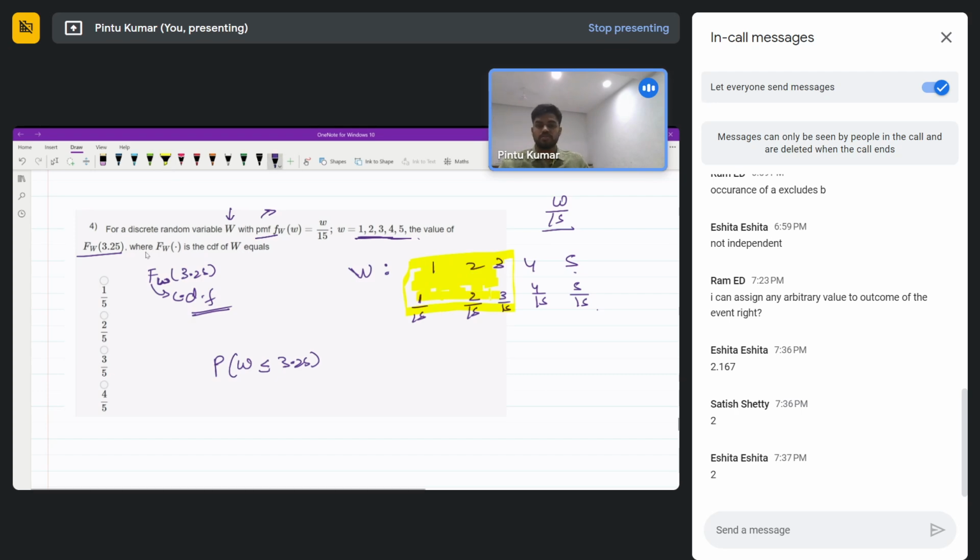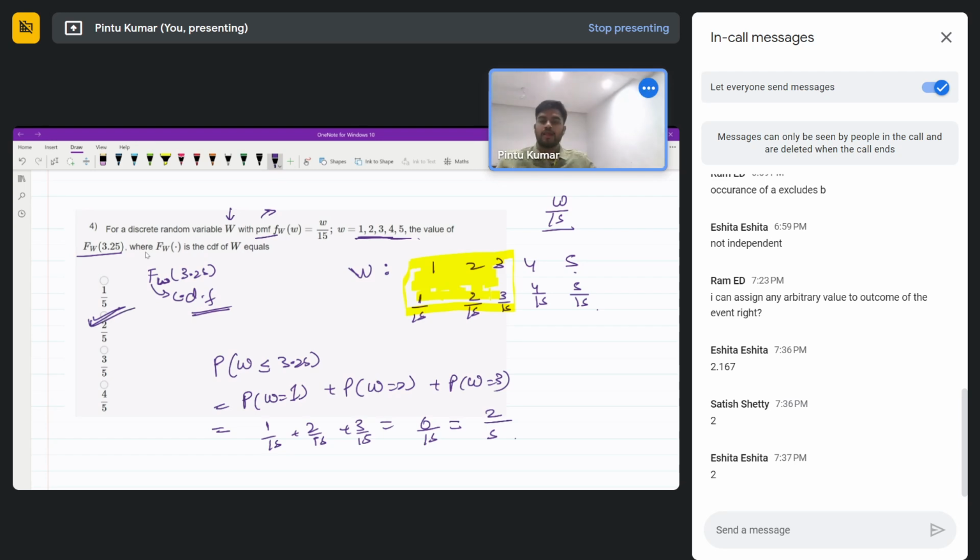So this is the probability of W equal to 1 plus the probability of W equal to 2 plus the probability of W equal to 3, which is 1 by 15 plus 2 by 15 plus 3 by 15. This is 6 by 15 or 2 by 5, right? So this is the correct option. Okay, any doubt till this point?